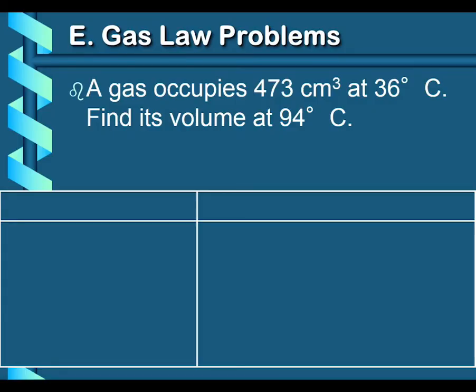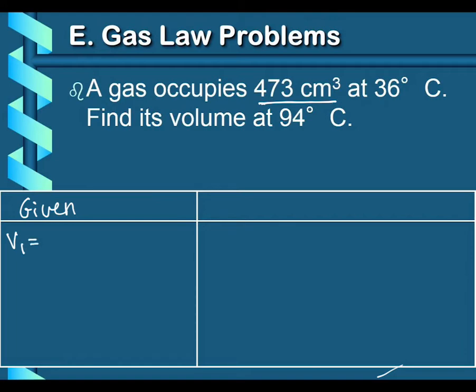So let's work out some examples. Gas occupies 473 centimeters cubed at 36 degrees Celsius. Find the volume at 94 degrees Celsius. If I were looking at my given information right over here, I see that I have 473 centimeters cubed. You need to recognize centimeters cubed as volume.